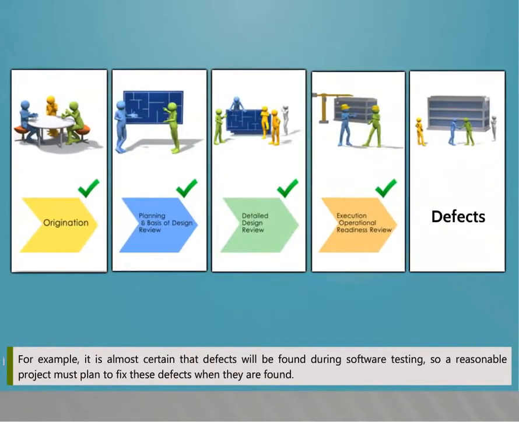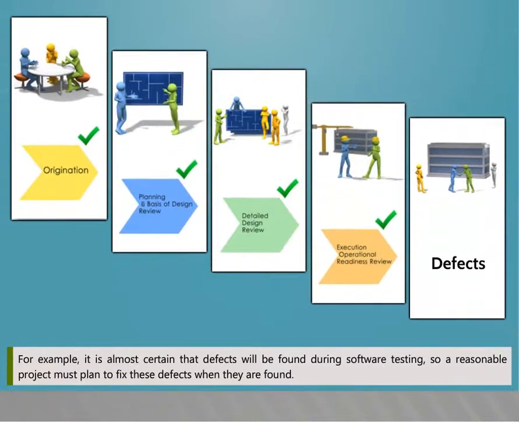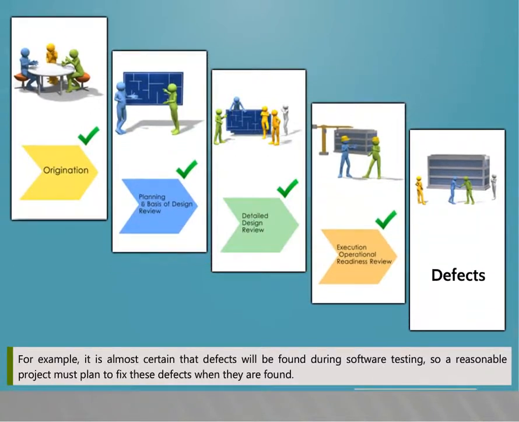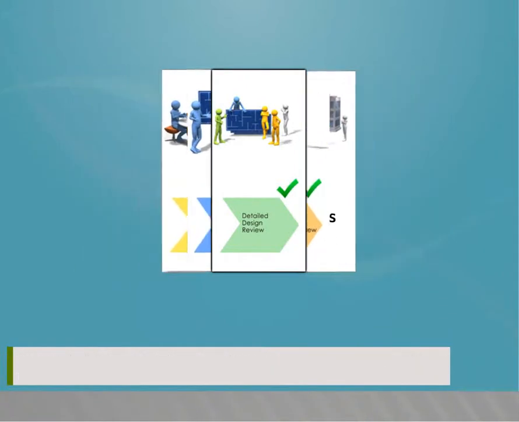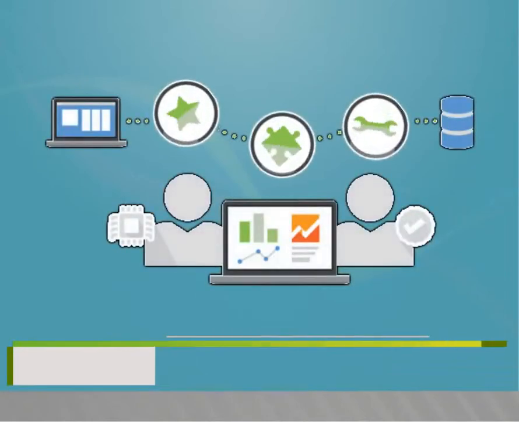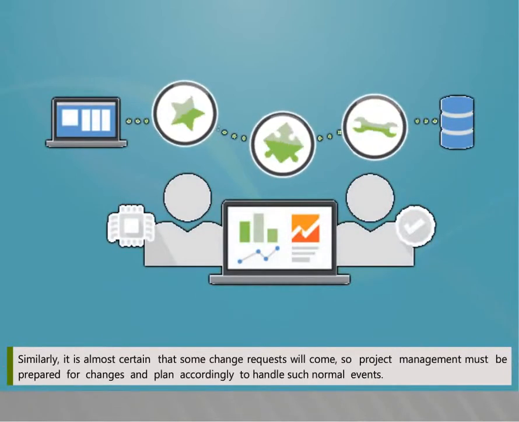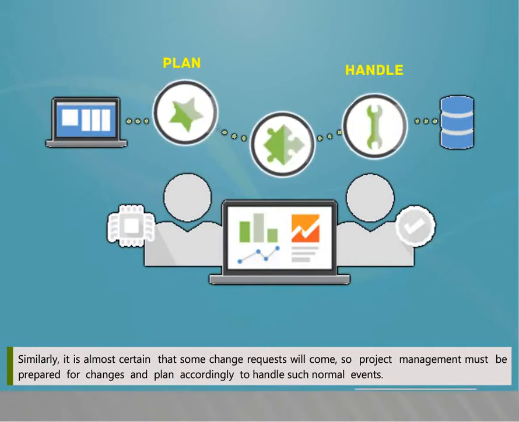For example, it is almost certain that defects will be found during software testing, so a reasonable project must plan to fix these defects when they are found. Similarly, it is almost certain that some change requests will come, so project management must be prepared for changes and plan accordingly to handle such normal events.